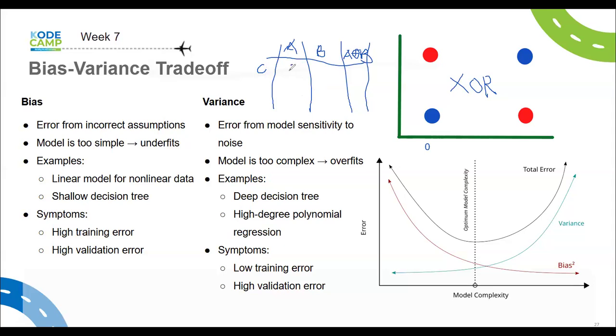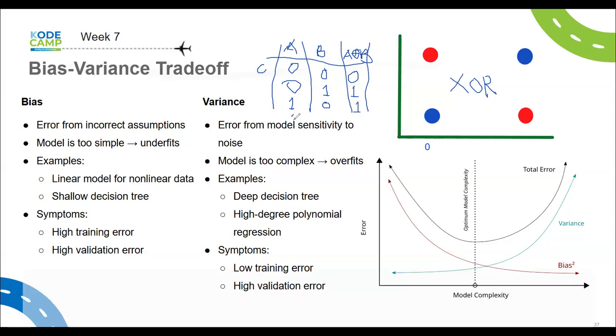So if A is zero, that is false, and B is false, then A exclusive or B is false. Then if A is false and B is true, that is one, then A exclusive or B is one, right? If A is one, that is true, and B is zero, that is false, then the exclusive OR is also one.